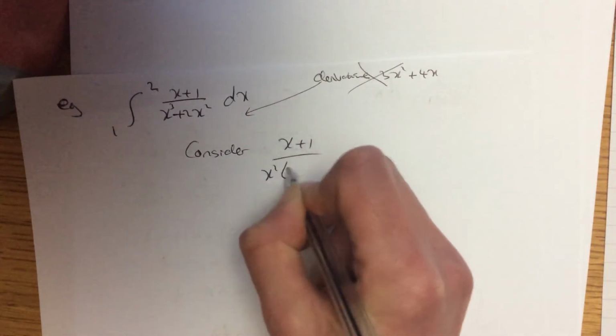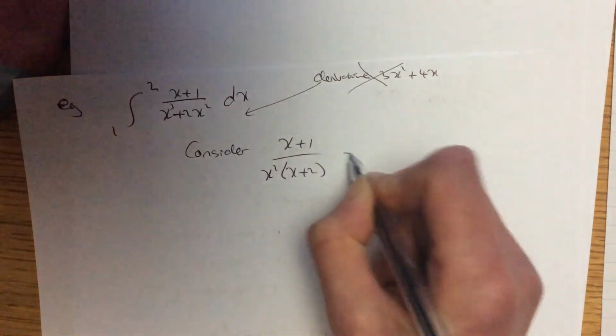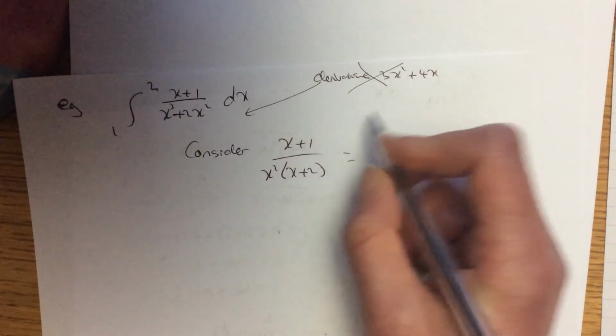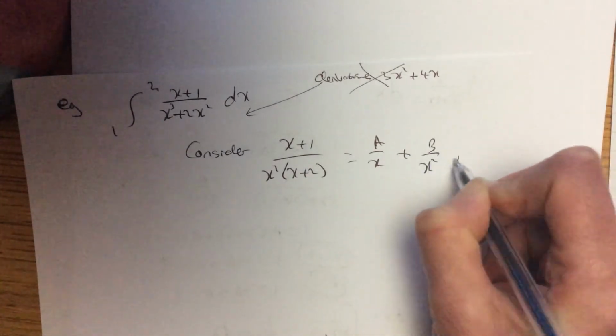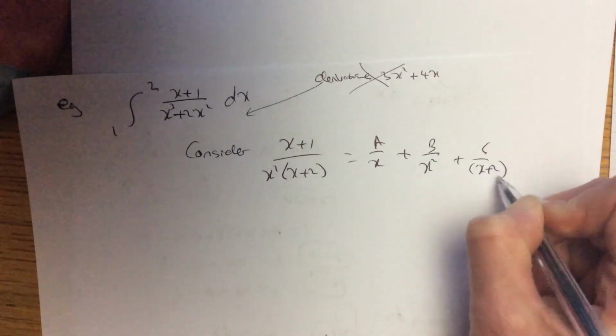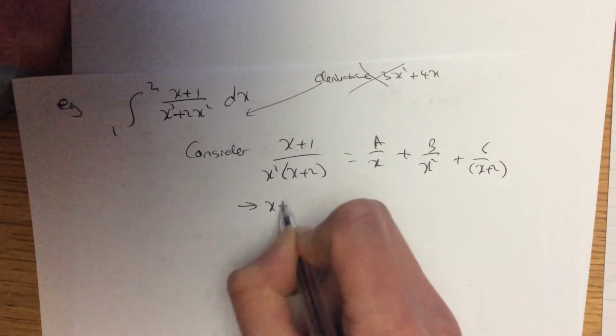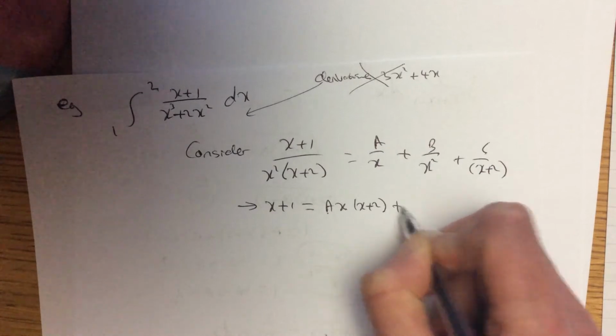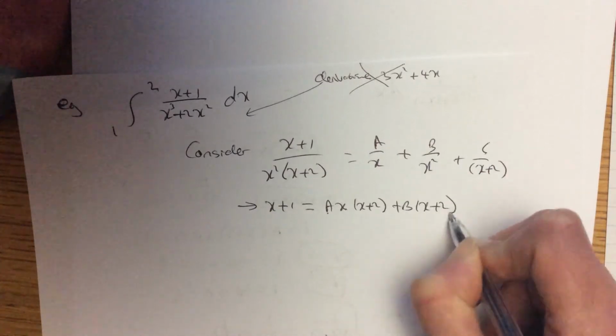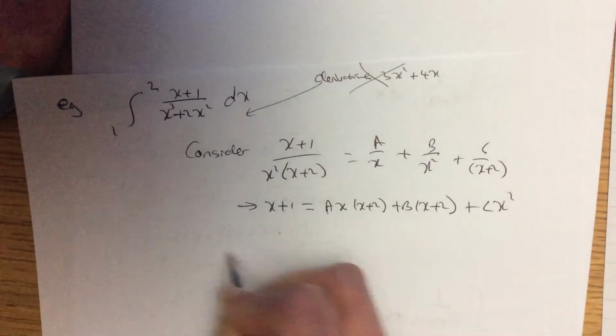So you have to factorize before you use partial fractions. And that's one of these repeated roots. So it's a over the x, b over the repeat, and c over the bit on its own. Sort out the tops. So it's a, x add 2, plus b, x add 2, plus c, x squared.